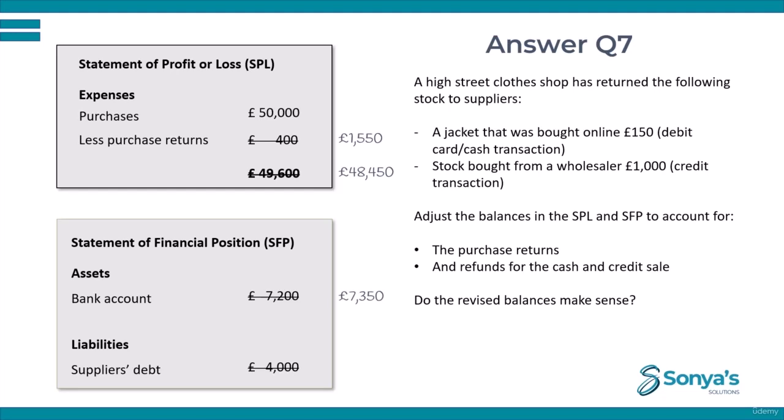The refund will increase the bank balance, so the revised bank balance is £7,350. The wholesaler invoiced the business £1,000. The invoice will be in the supplier's debt account. This needs removing. The balance will decrease by £1,000, so the business will now owe its suppliers £3,000.